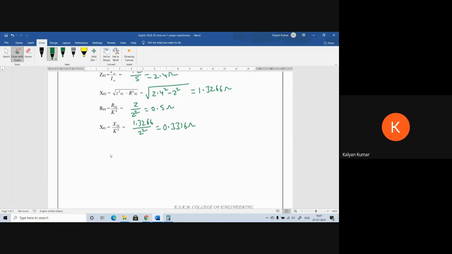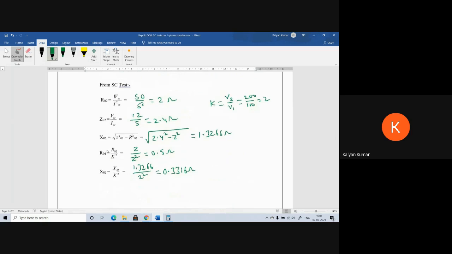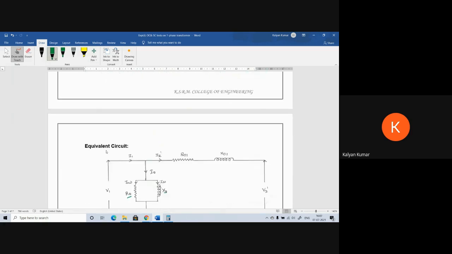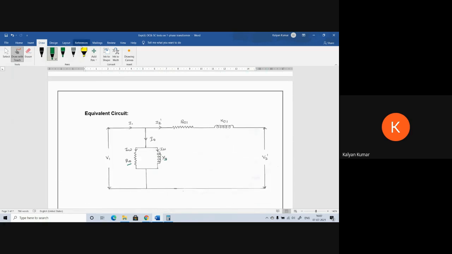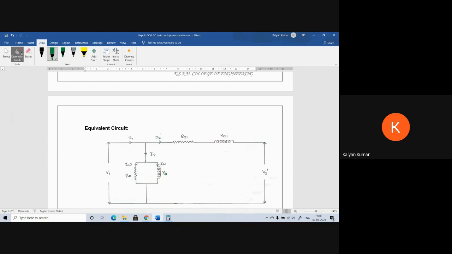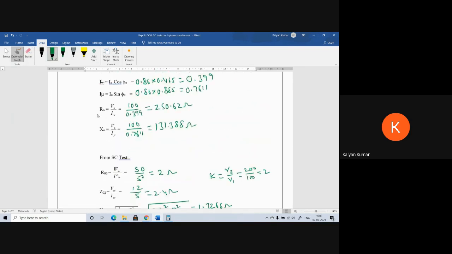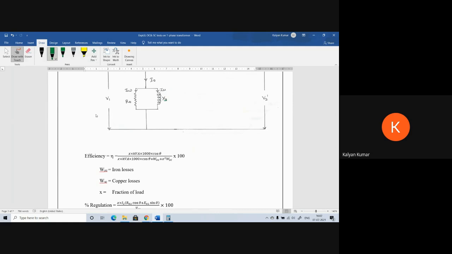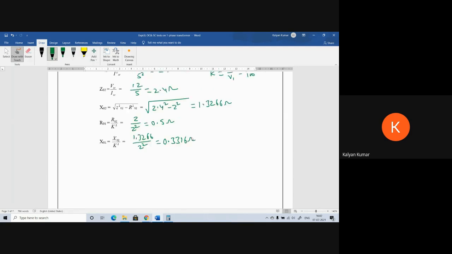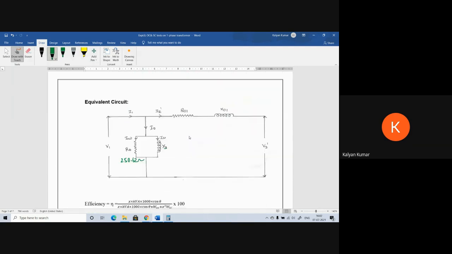So we have obtained R0, X0, R01, X01. Now we can represent these values in the equivalent circuit diagram. So let's represent. Here R0 we got as 250.62, and X0 is 131.388.